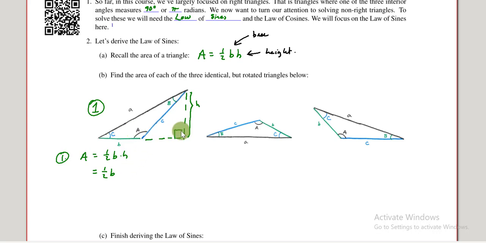Well, the height of this triangle can be obtained by using this angle C right here and using my hypotenuse side. Okay, so again, the original triangle is not a right triangle. It does not have a hypotenuse. But if I construct this other triangle that I did here, then I can imagine this larger triangle as having a hypotenuse of side length a.